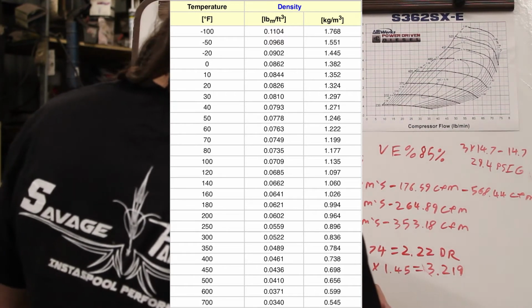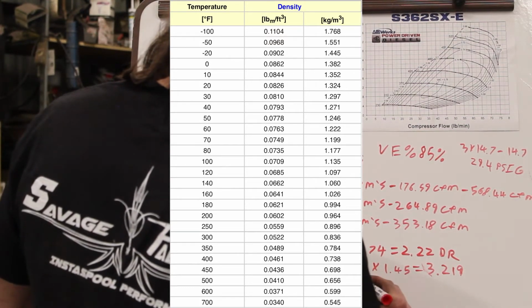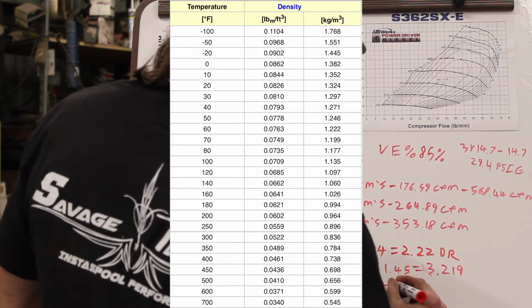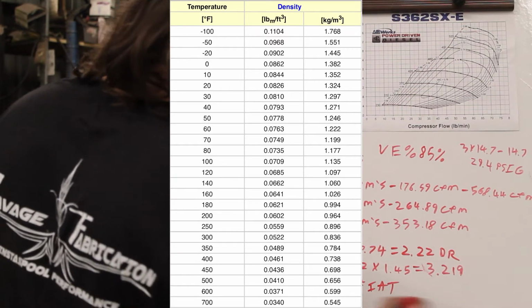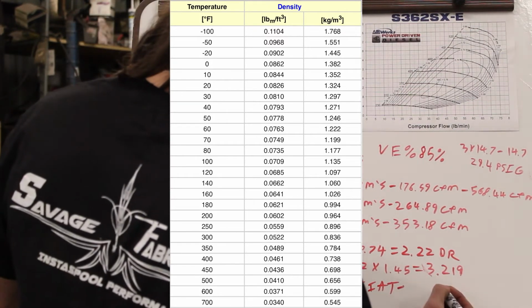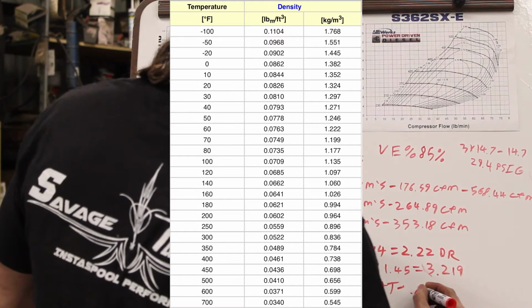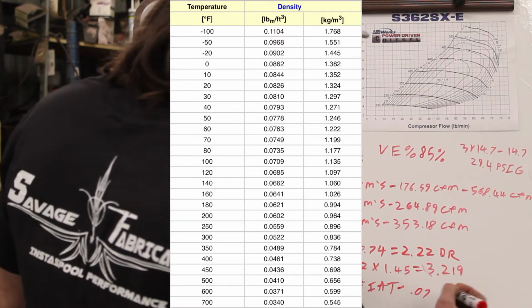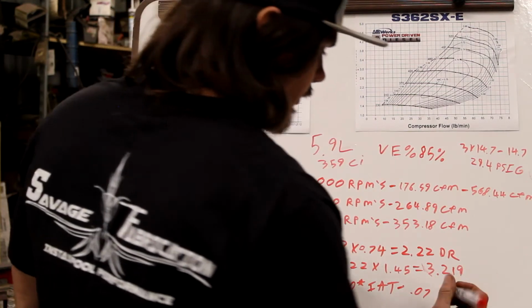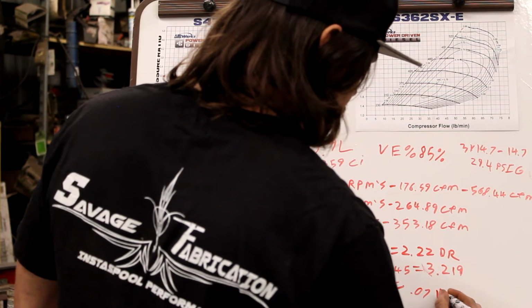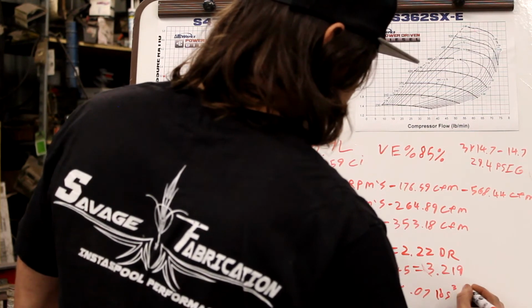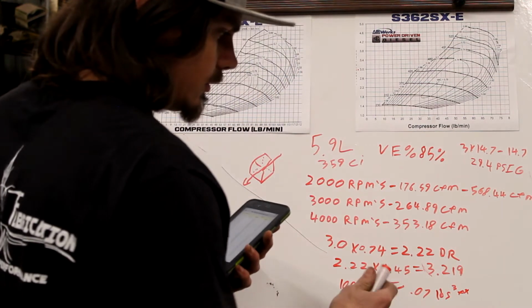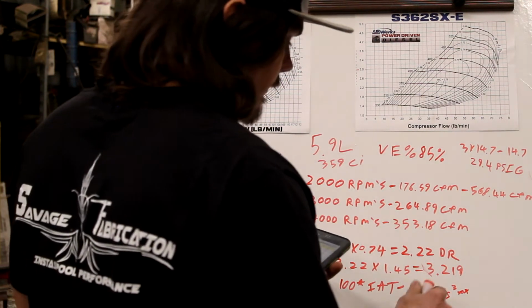At 100 degrees IAT post intercooler, the air weighs 0.07 pounds per cubic foot.